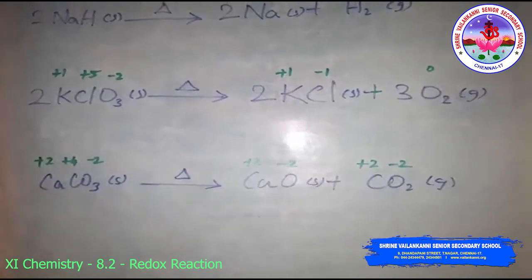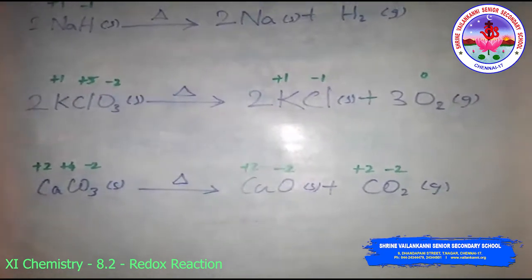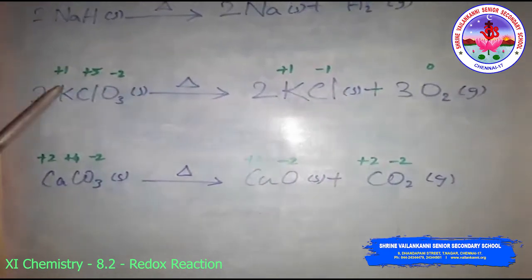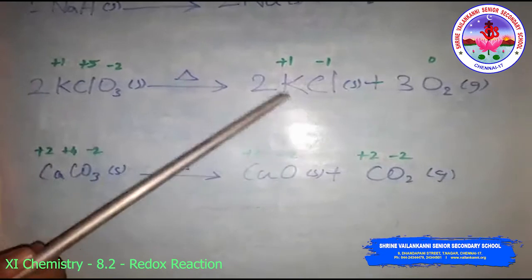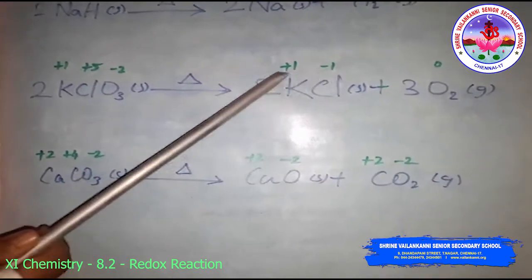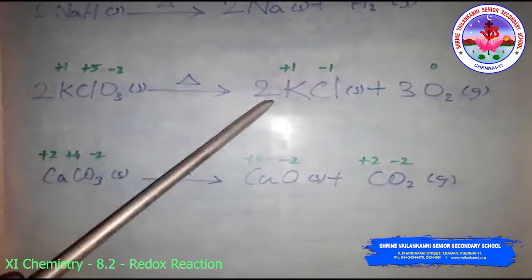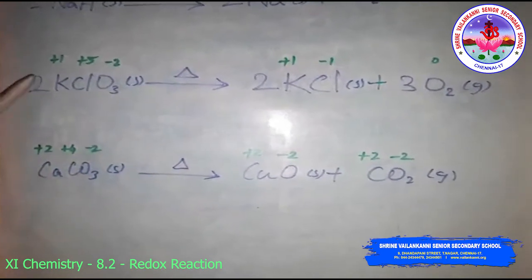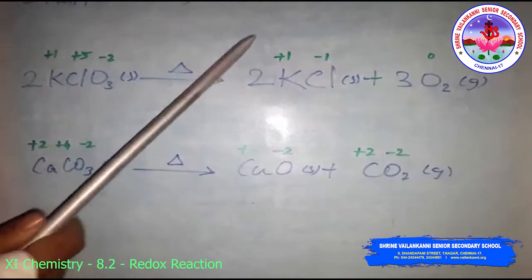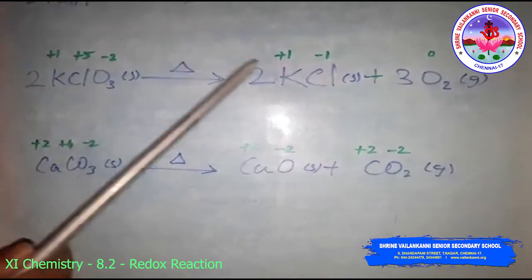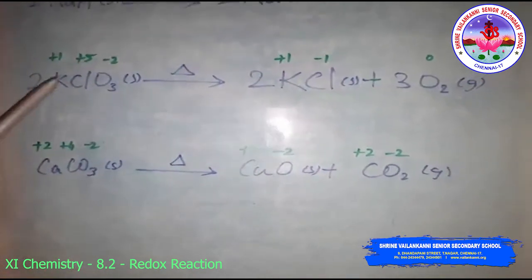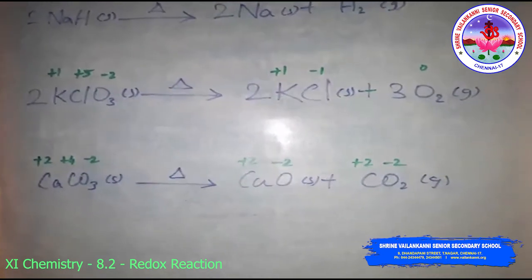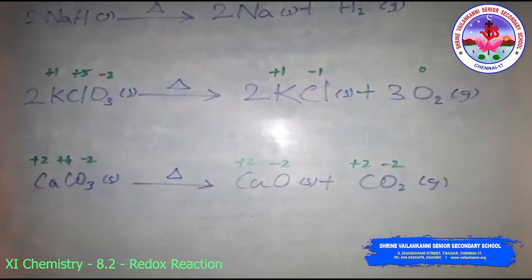Similarly, in this reaction, the potassium has plus 1 oxidation state on the reactant side, and on the right-hand side, the product side, also plus 1. Here, in potassium chlorate and potassium chloride, there is no oxidation number change in the potassium element. So it may also be noted here that all decomposition reactions are not redox reactions.